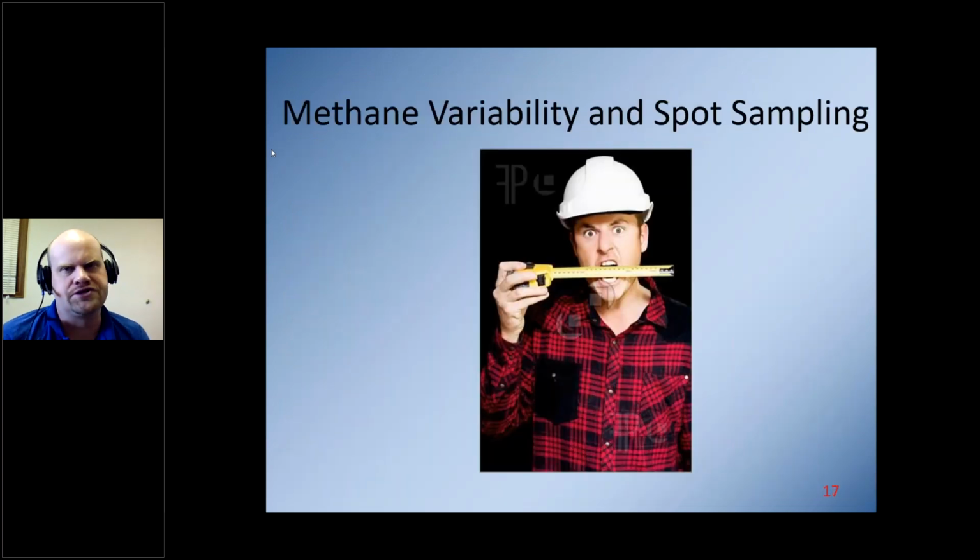So one of the questions, and the questions actually came up in past webinars, is how does variability in methane relate to spot sampling results? And I think sometimes there's a lot of questions in the community about, well, you're measuring for 3 to 5 minutes, 4 times per day. How well does that result actually reflect what's going on in reality?